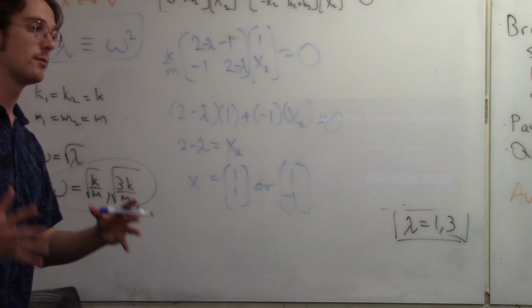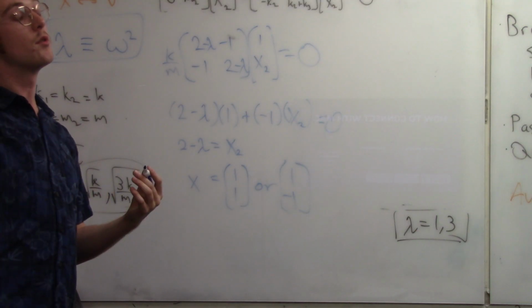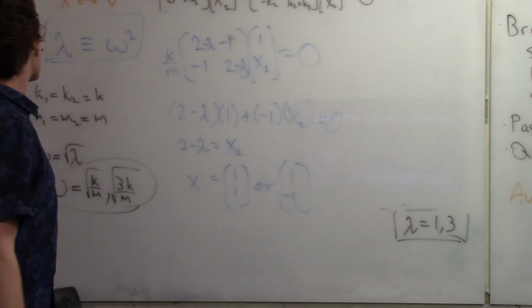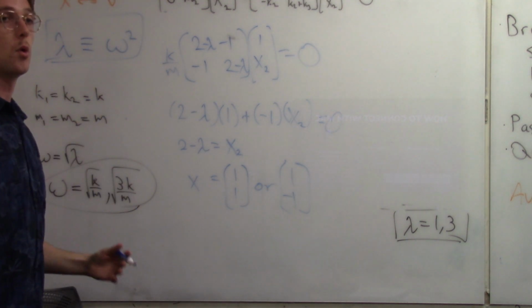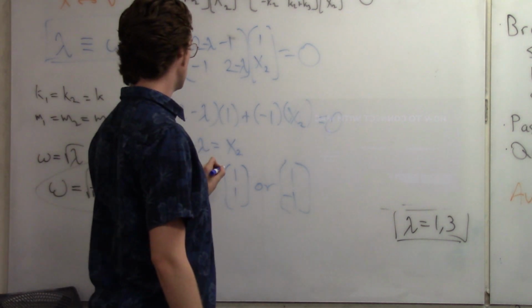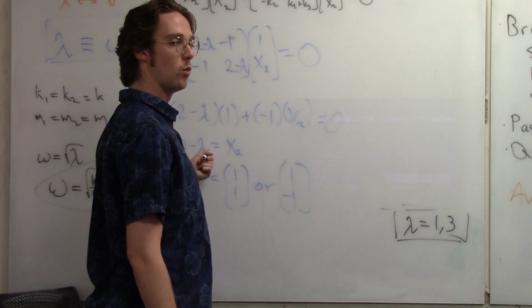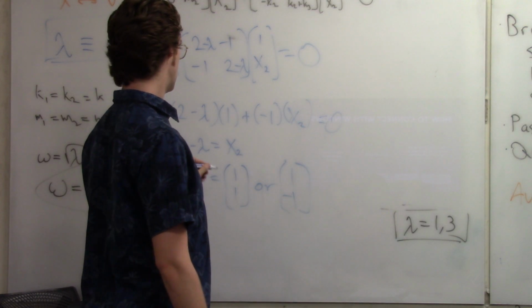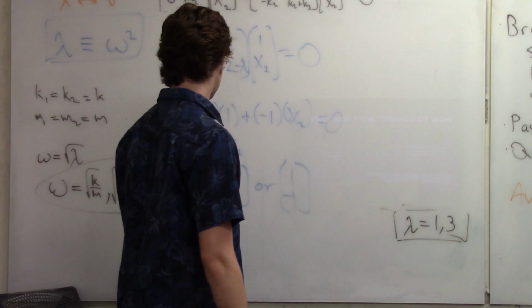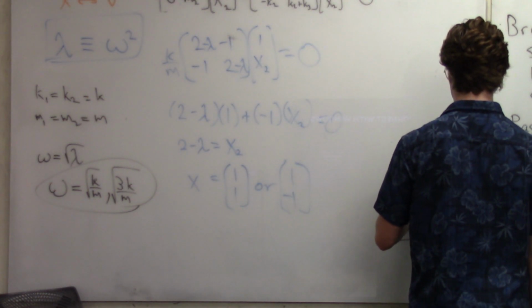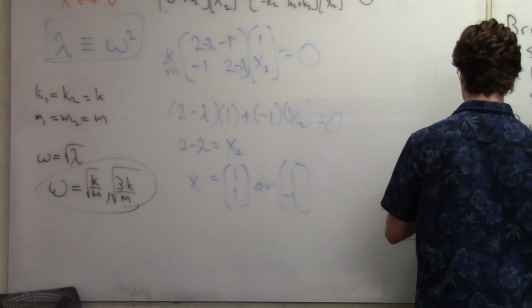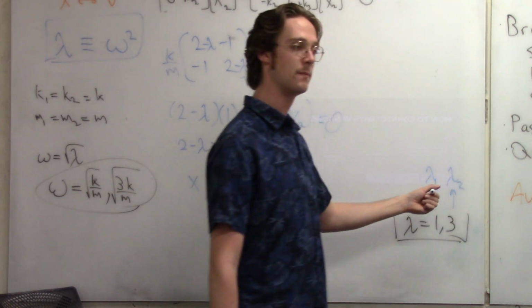Now what's crucial to remember is that there's a one-to-one ratio between the number of eigenvalues and the number of eigenvectors. It's also important to remember which solution goes with which value of lambda. So I'm going to say that this 1 is lambda 1, and this 3 is lambda 2.